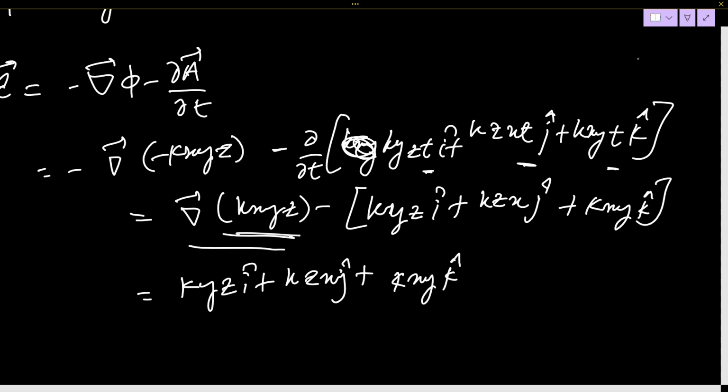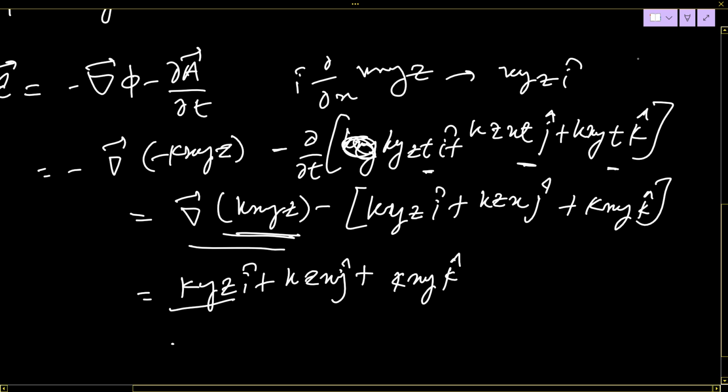Because del of kxyz. So first del by del x of i cap del by del x of kxyz. So that is your kyz i cap, which is this here. What is it?